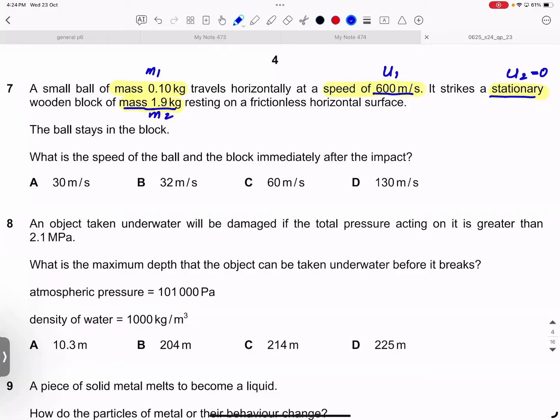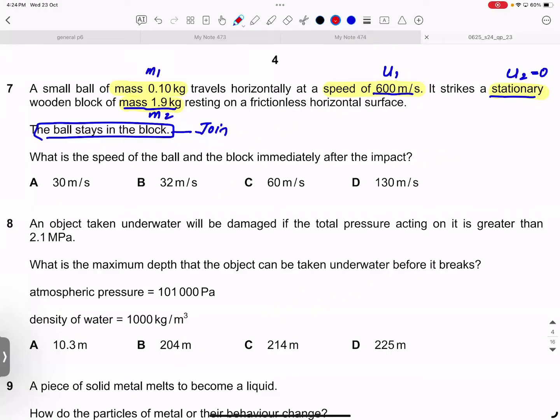The ball stays in the block. This means they join together. If two particles join together after collision, it means they move together, so their velocities are the same.